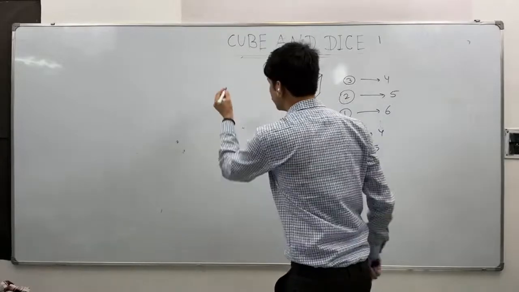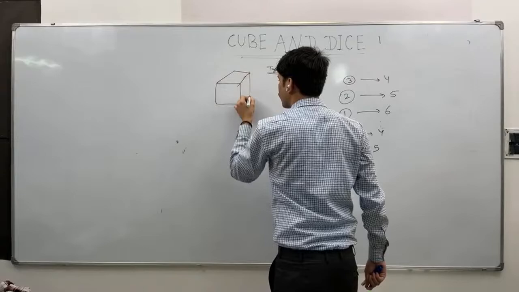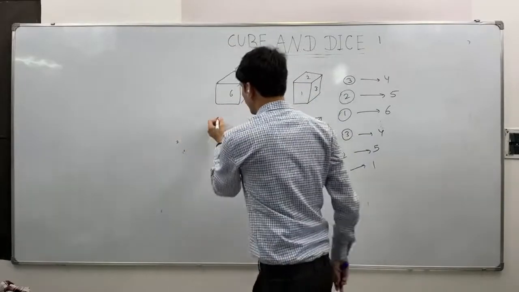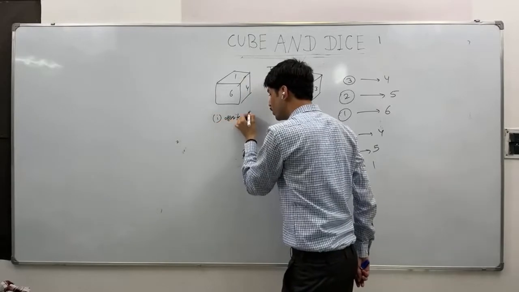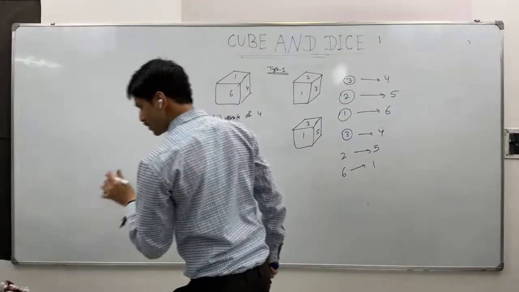Next question. Let's say you have this one: 1, 6, 4. Now I'll ask the question: what will be the opposite of 4? And I'll give the options. Think carefully, then answer. I'm giving you 4 options.